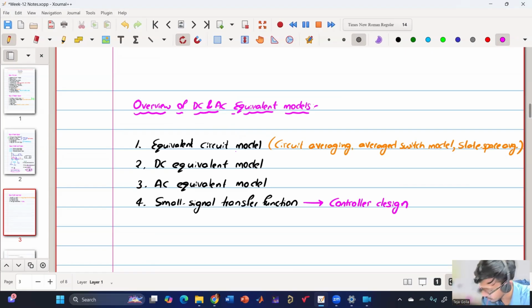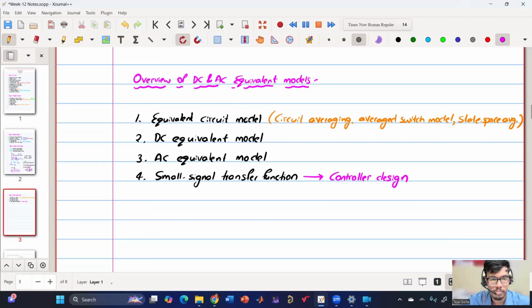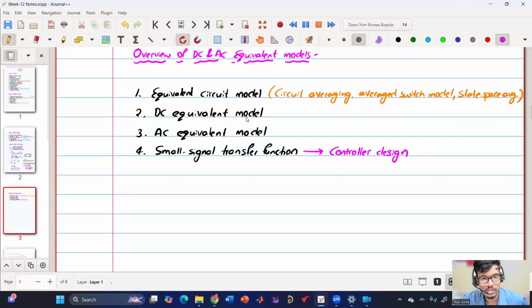So these are the different types of models that we have obtained using the equivalent circuit model and how we have used them to design the controller. This is just a simple aspect. If you have any queries, else we'll go to the controller design aspect.